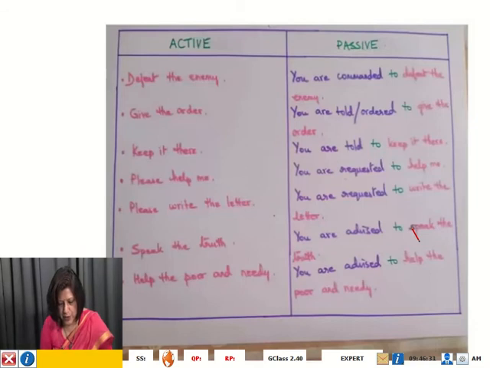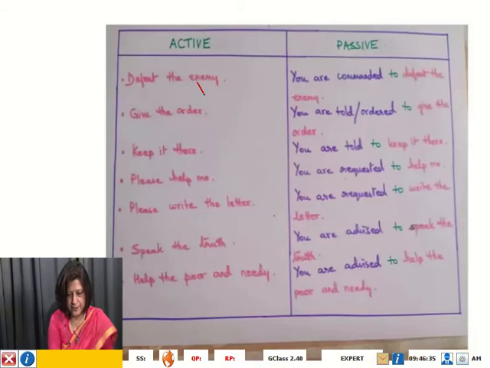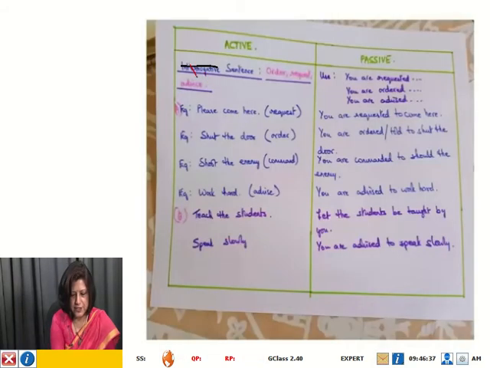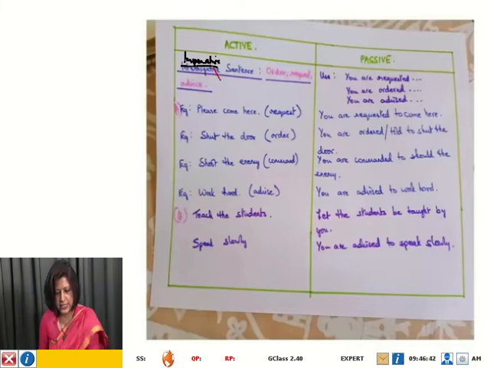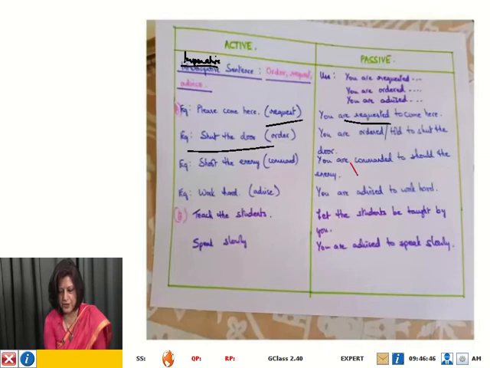So this is how you transform imperative sentences. These are the two ways you do that. Please come here, this is a request, so you are requested to come here. Shut the door is an order, so you are ordered to shut the door.